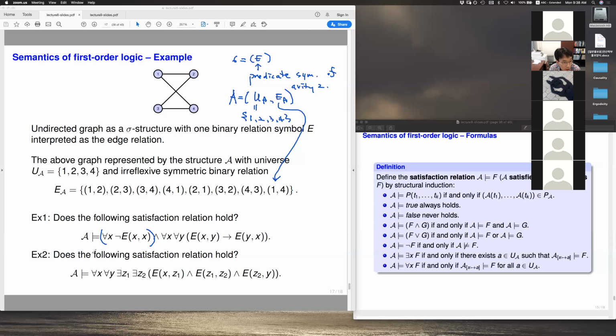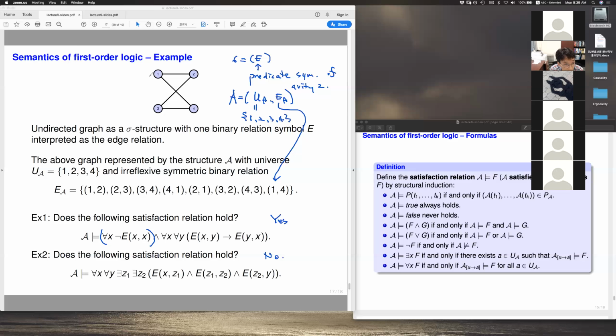So okay, let me give you the answer here. For the first question, the answer is yes. For the second question, the answer is no. The first question is a conjunction of these two formulas. The first part of the first conjunct says for every x, x is not related to itself by the relation E. That means this relation is not reflexive, and that is really the case.